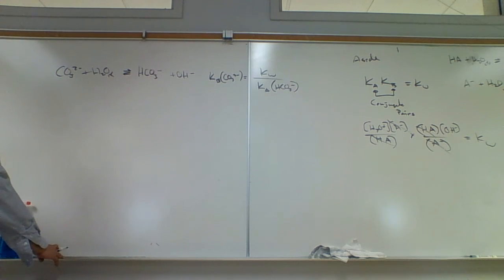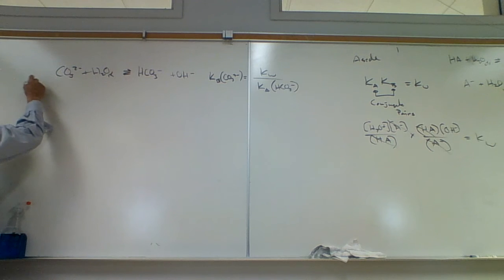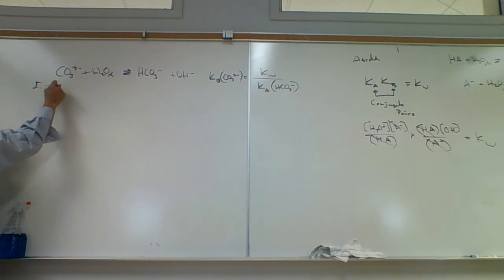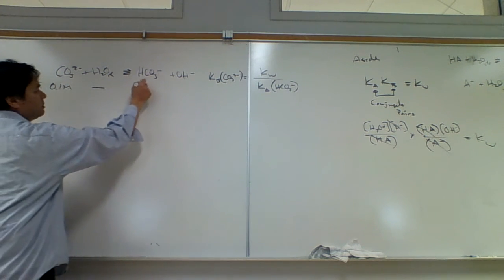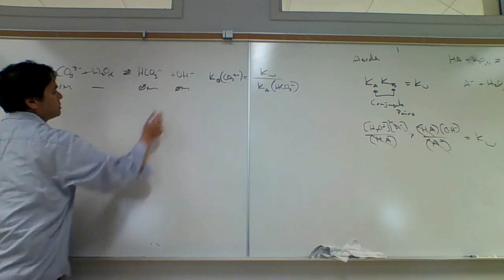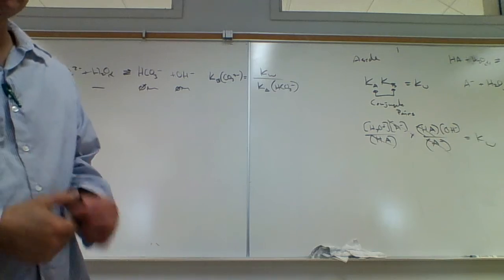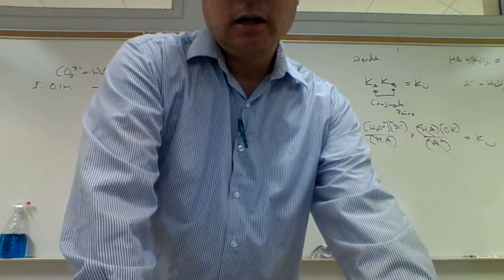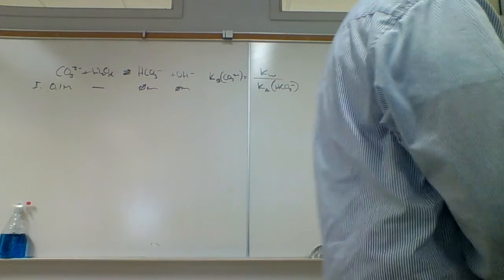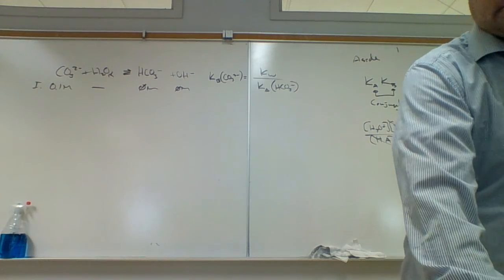Basically, we're going to have the initial, this is going to be 0.1 molar. Water is a liquid. This is going to be 0 molar and 0 molar. So we started off like this. Why don't you go ahead and complete the ICE table here, and I'll get the Ka value for bicarbonate now.